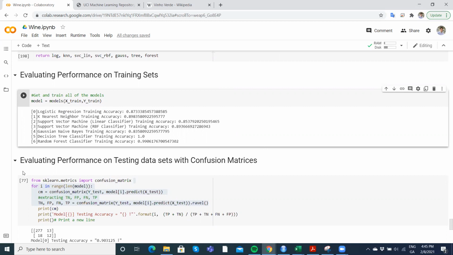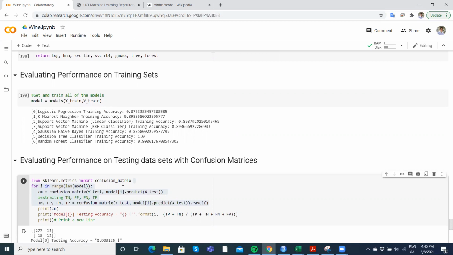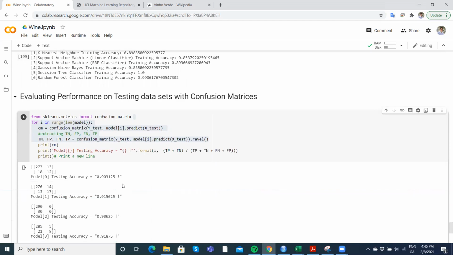We need to observe how we should evaluate those models in terms of the testing data. And again, we're going to look at these also, but using confusion matrices, where we look at, in this lower apex here, we have 12 and 277.